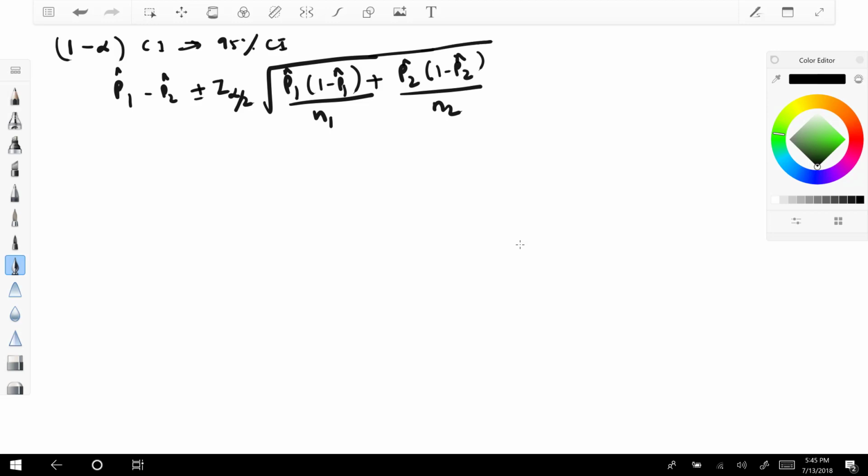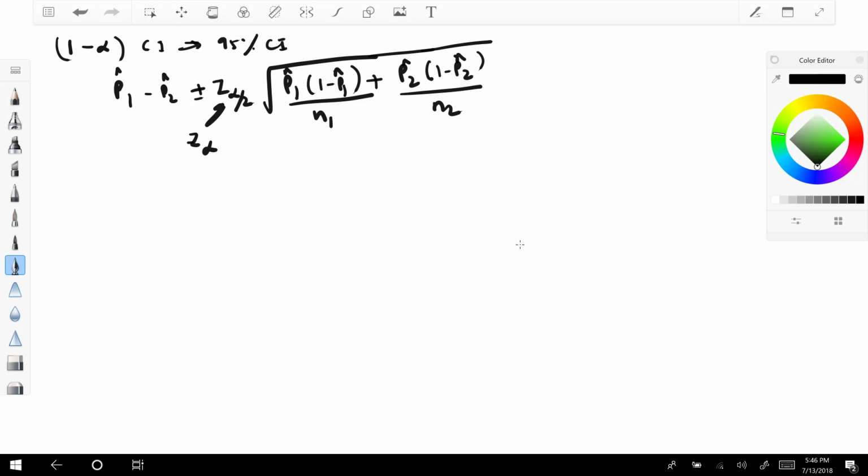So this is the formula for the confidence interval. Now this is for a two-tail test because we had Z alpha over 2. For one tail it will be Z alpha.